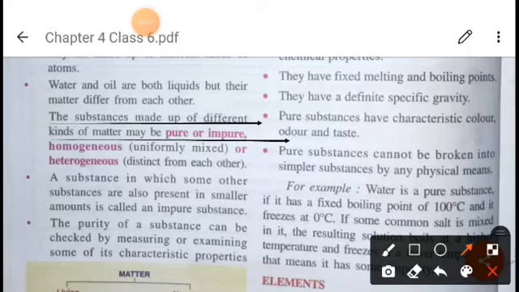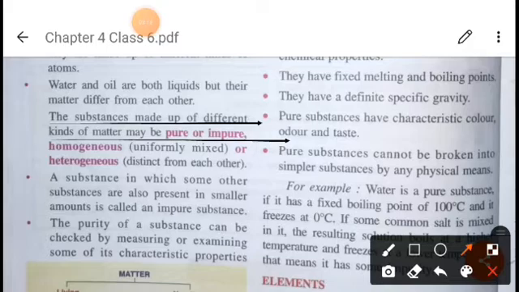Or homogeneous or heterogeneous. Homogeneous means the substance or mixture in which the constituent particles are uniformly distributed. Heterogeneous means the constituent particles are not uniformly distributed.